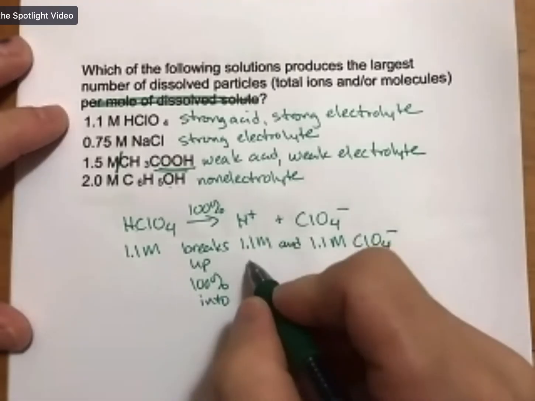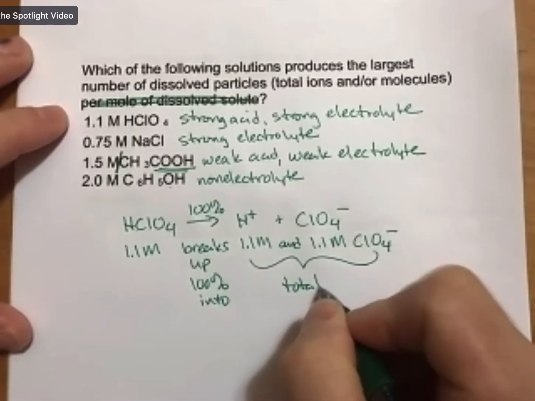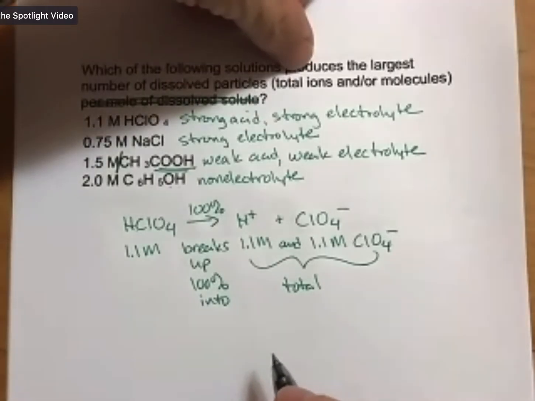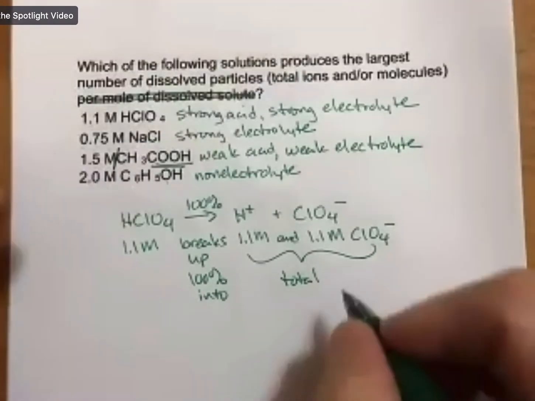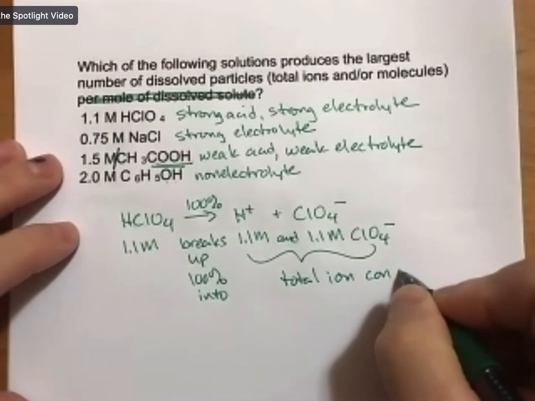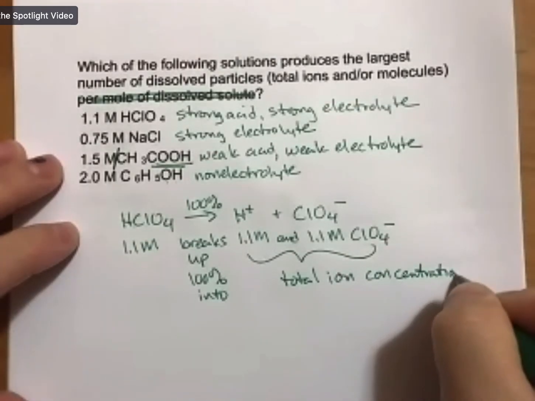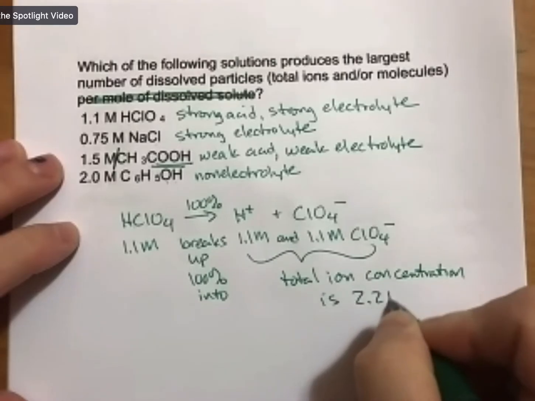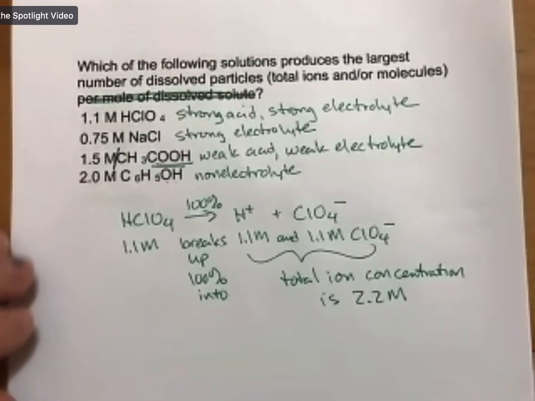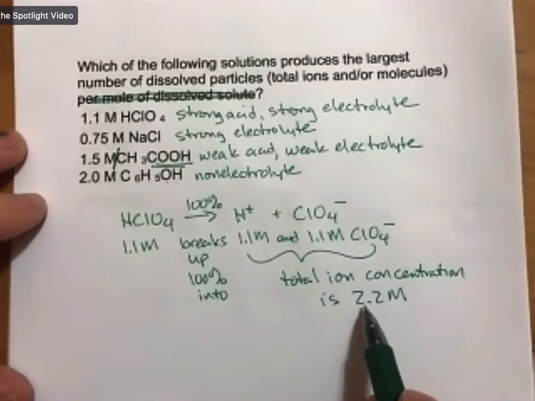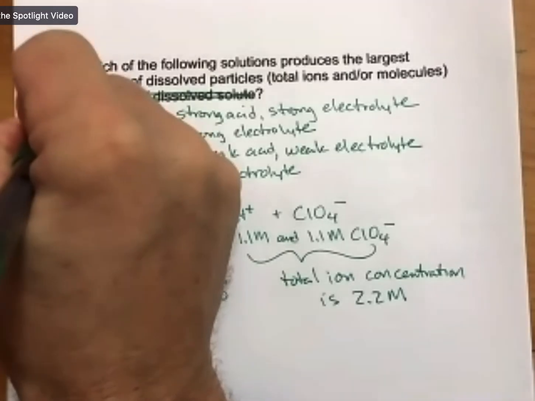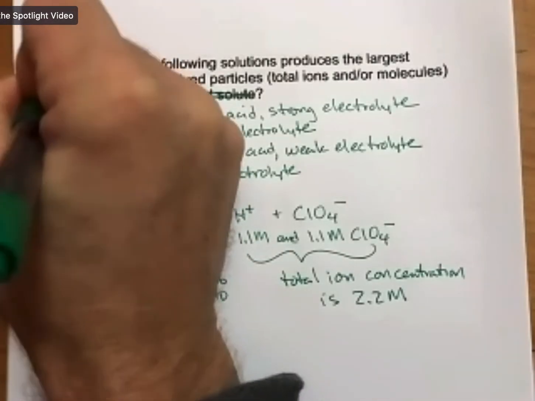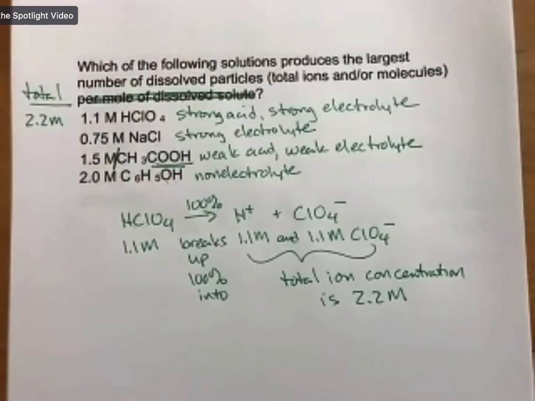That means that our total ion concentration is 2.2 molarity. So I'm going to write 2.2 molarity here, and I'll write total for the total ion concentration, or total particle concentration, I should say.